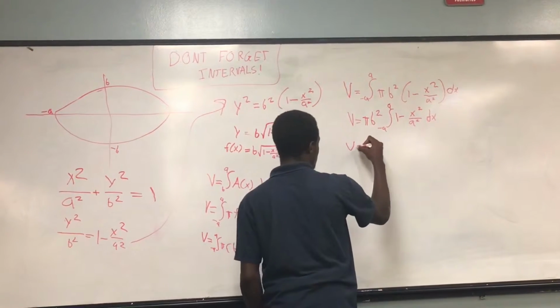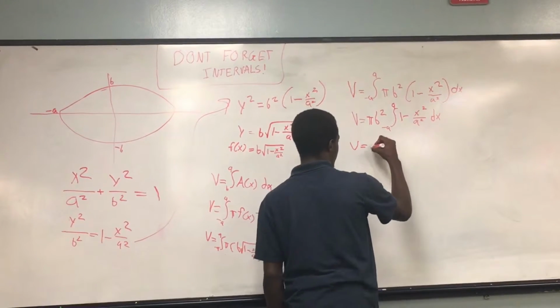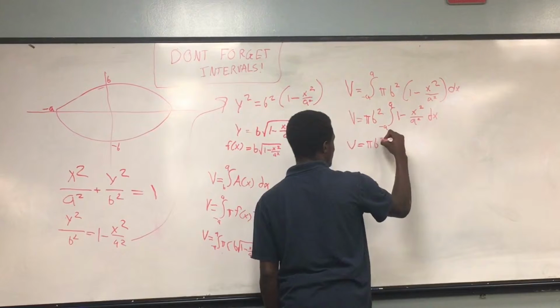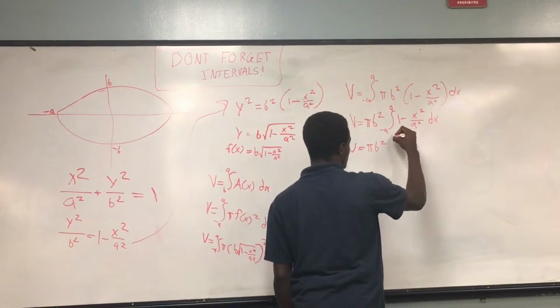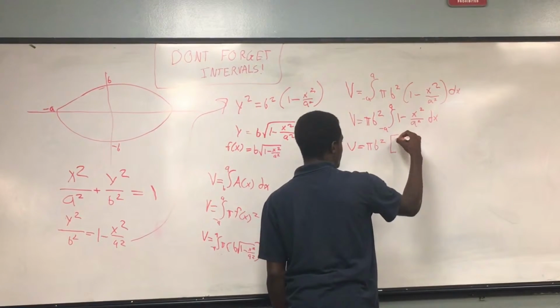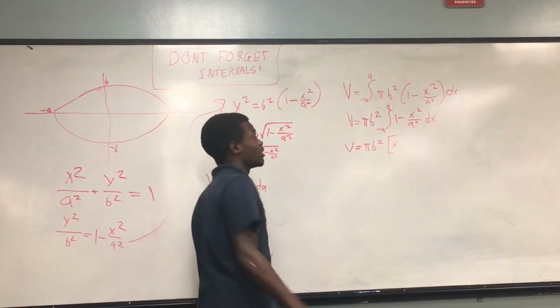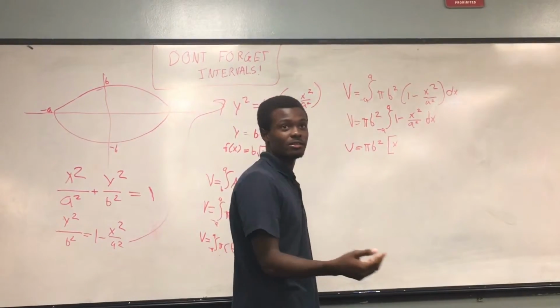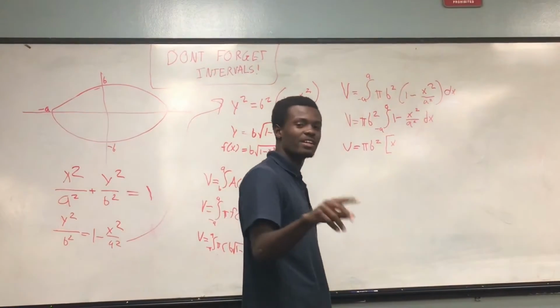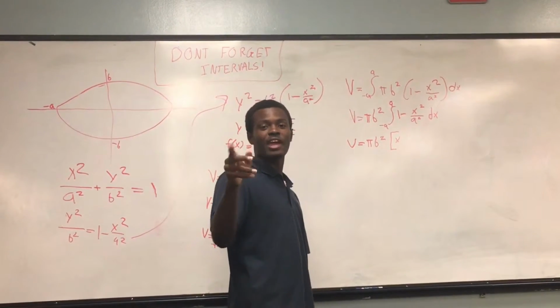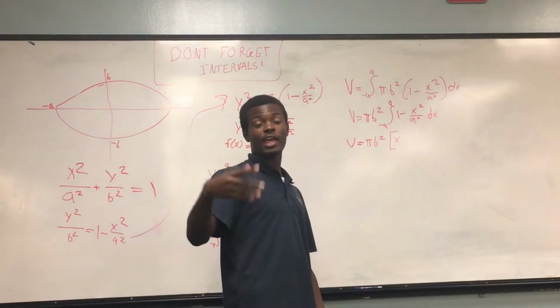Okay, it becomes V equal to pi b squared. Then solving for this, the integral of 1 is going to become x. And then right here, using the power rule, the integral of x to the n is x to the n plus 1 over n plus 1.